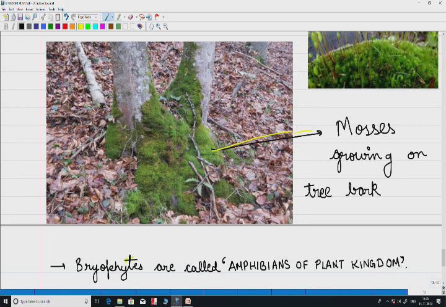Okay. And why are they called amphibians of the plant kingdom? Because they live in the soil, but even though they live in soil, they also depend on water.